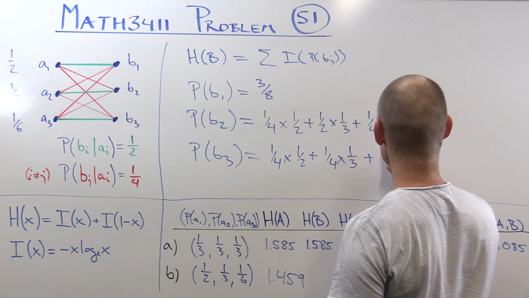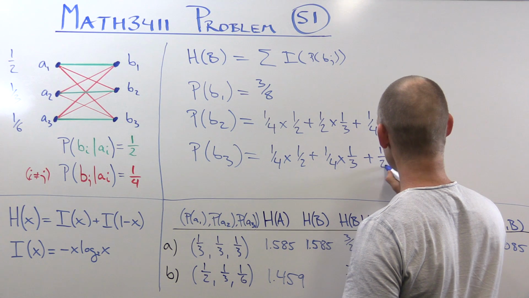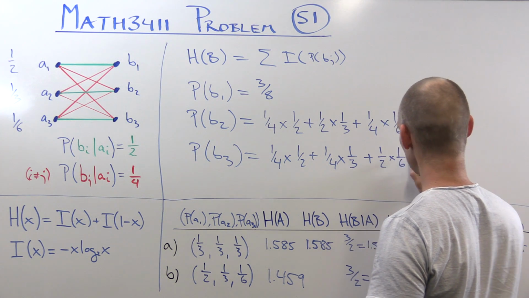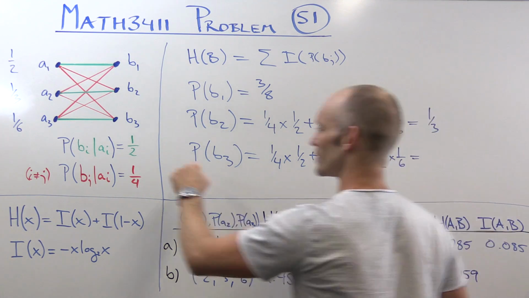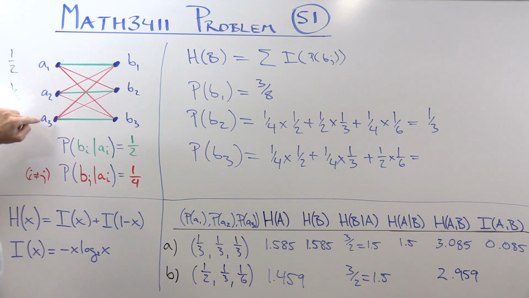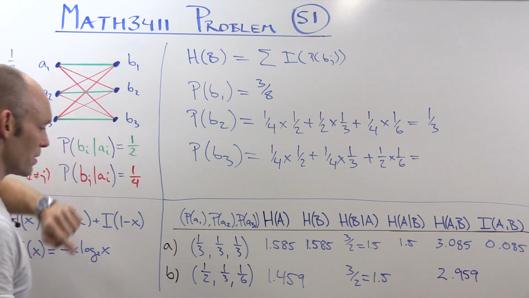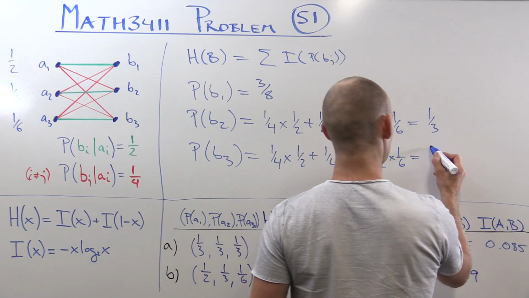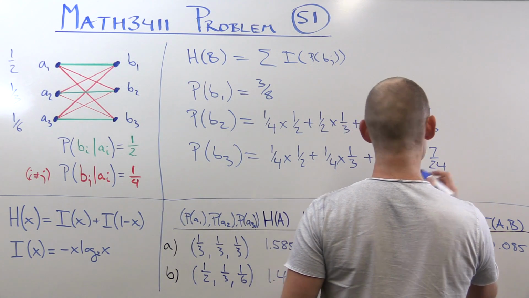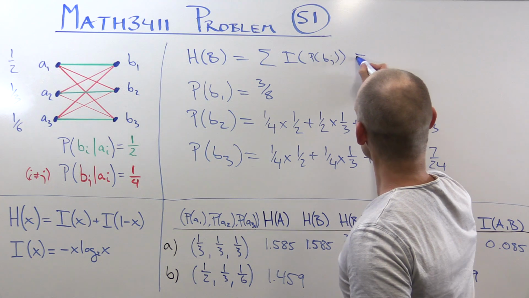And then we've got a half probability times a sixth probability that we send A3 and receive B3, and all in all that gives you 7/24.